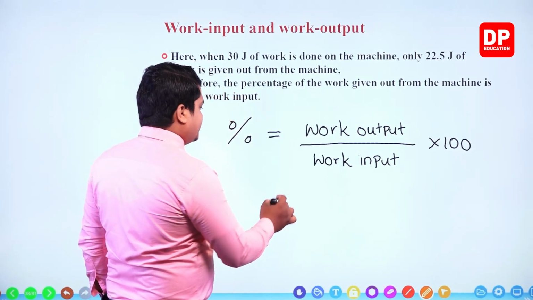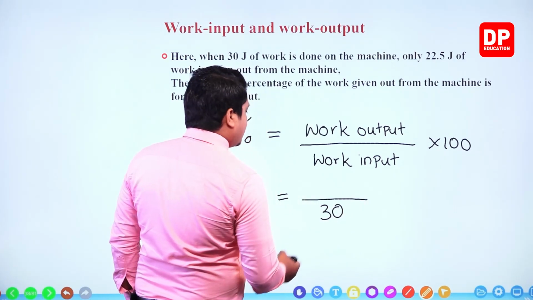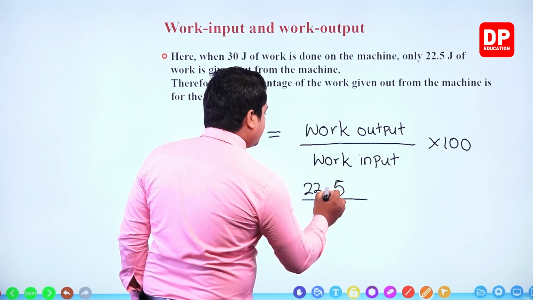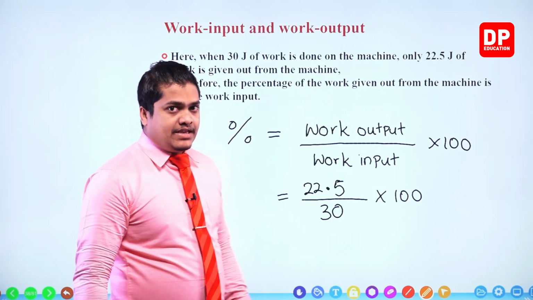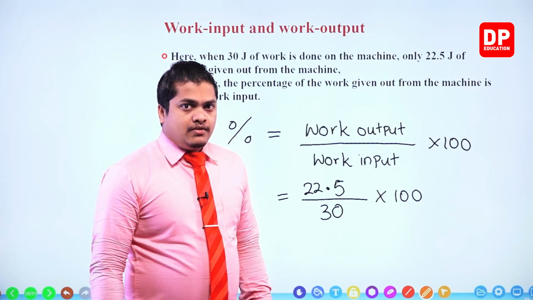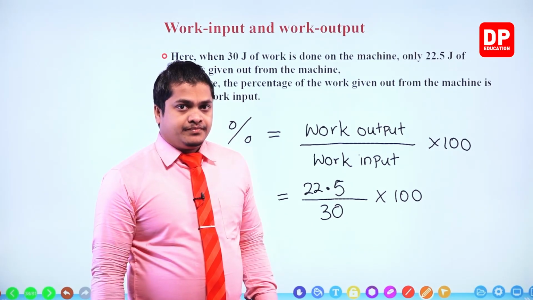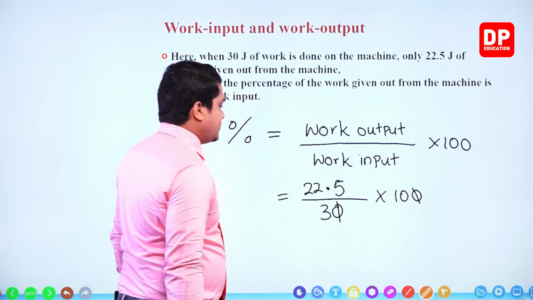Now over there we have given 30 joules, the resulted is 22.5 only, then multiply it by 100. Okay, percentage of the work done compared to the input and output. Let's see, 0 to 0 is getting cancelled first.